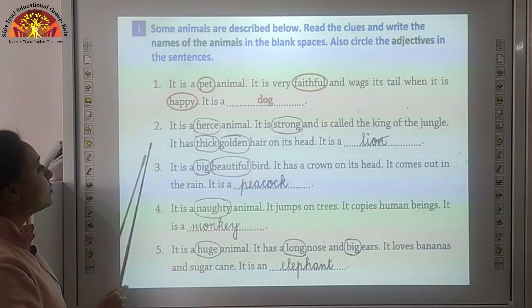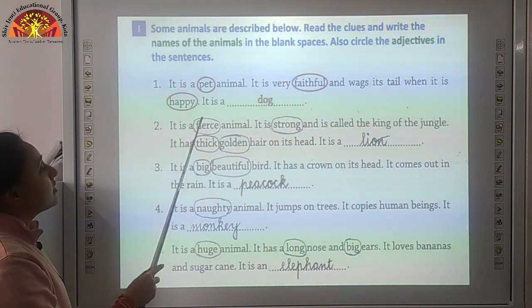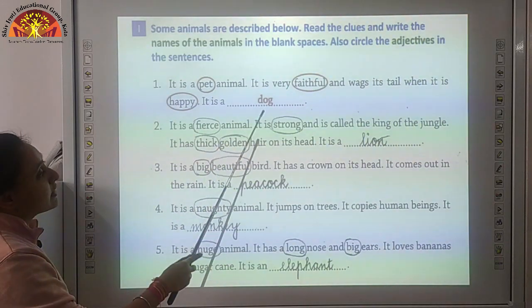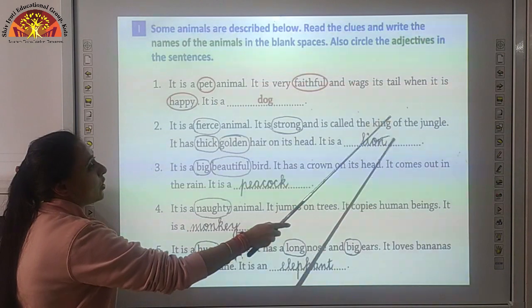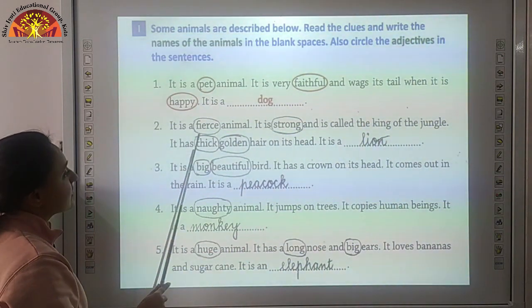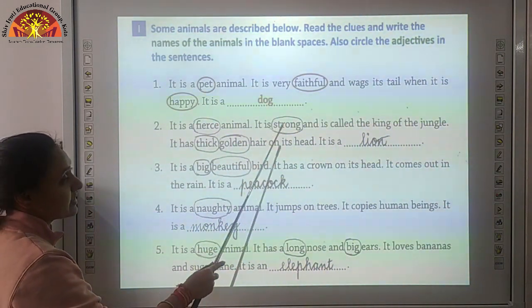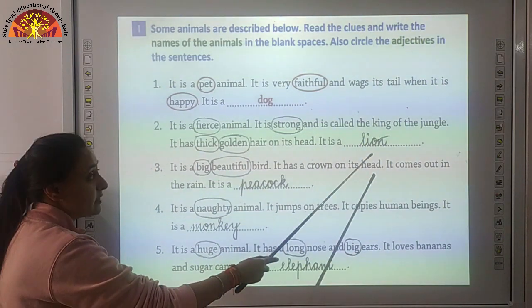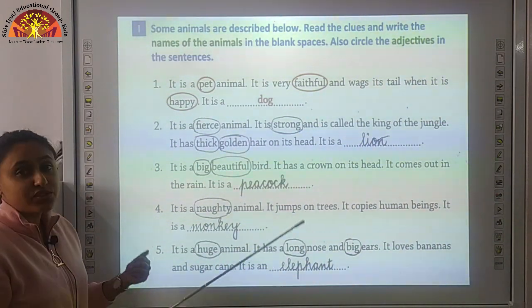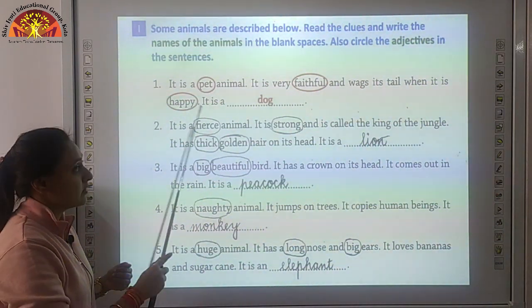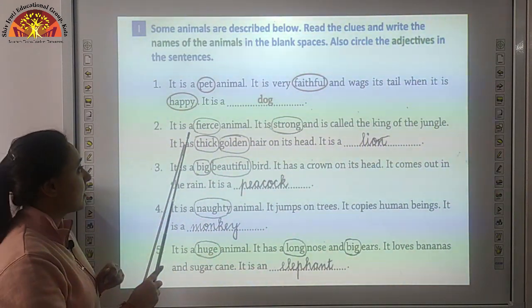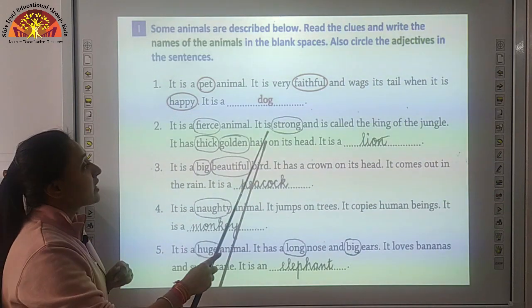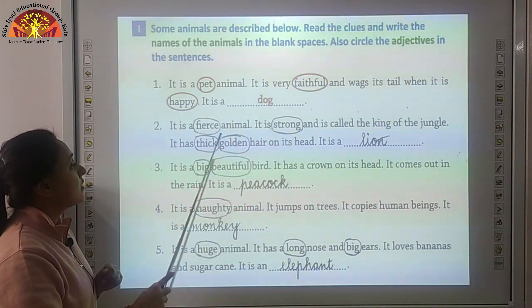Okay. Now number 2. It is a fierce animal. It is strong and is called the king of the jungle. It has thick golden hair on its head. It is a dash. So children, adjectives here are fierce. You will circle the adjective. Okay, adjective here are fierce, strong, thick, golden.